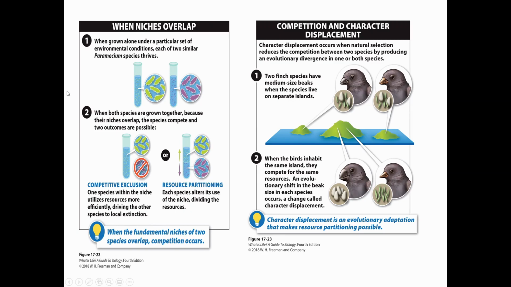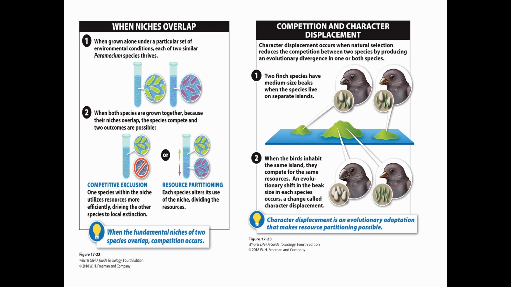So let's say we're looking at these niches that are overlapping. We're looking at two paramecium species, and when you grow them under the same conditions but separately, they both thrive. They're very happy together. When you put them together, then you see that potentially one of those species of paramecium eliminates the other. It drives the second paramecium species to extinction.